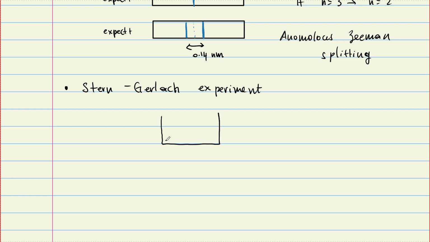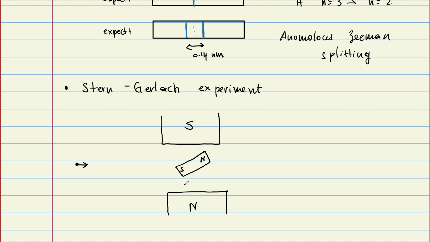So you have a magnet, let's say this is south, and this is, let's say, north, and you send your particles from here, and hopefully they have angular momentum, and as they pass through the magnetic field here, suppose we can think about this like a magnet. Suppose this is north, this is south.